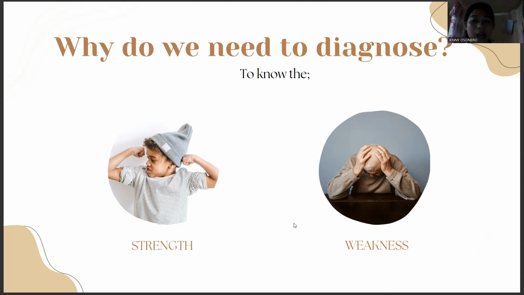Can they really identify nouns, pronouns, verbs, and other parts of speech? Is there a problem with their understanding of that certain topic? That's the weakness that we have to target first so that they can understand our topic, which is subject verb agreement.